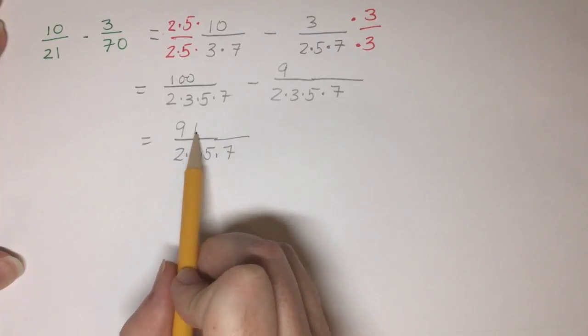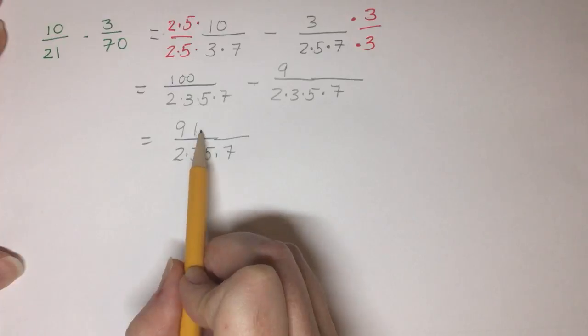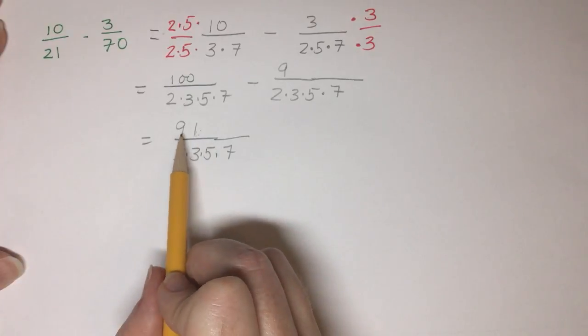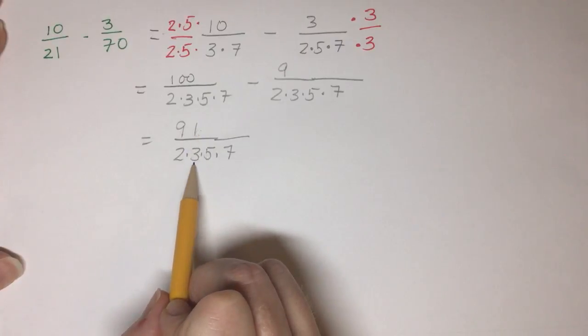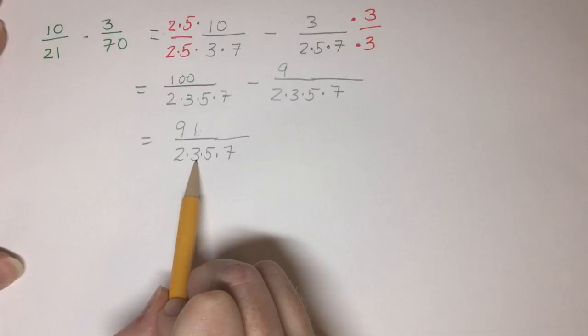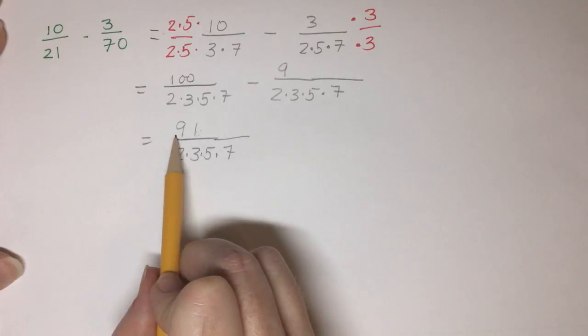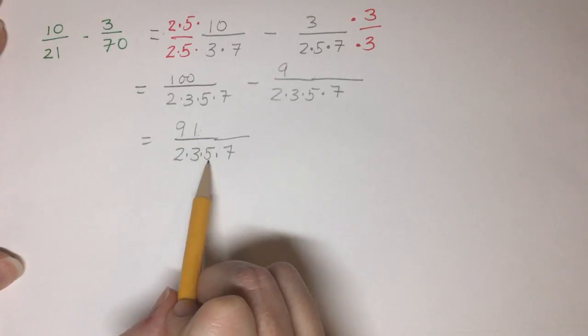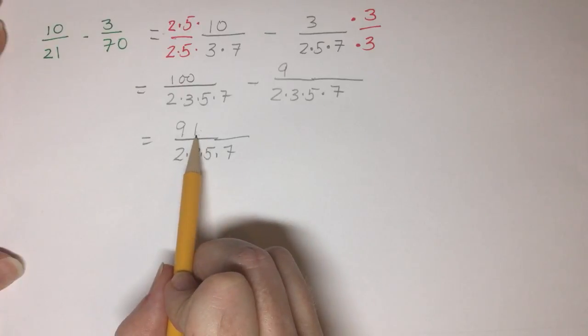If it were even, 2 would be a factor of it. Does 3 divide into 91? Well, the sum of the digits for 91 is 9 plus 1, 10. 3 doesn't divide 10, so 3 doesn't divide 91. Divisibility test for 3. Does 5 divide into 91? No. 5 will be a factor if the last digit is a 0 or a 5.